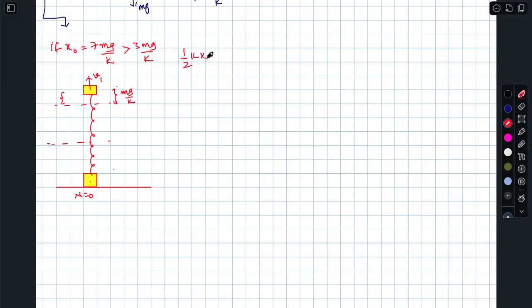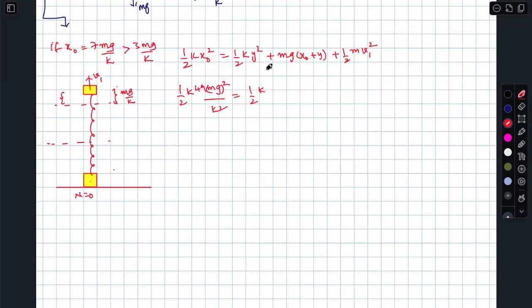Half k x naught square is equal to half k y square plus mg times x naught plus y plus half m v1 square. Half k x naught square is 49 mg square by k over 2.